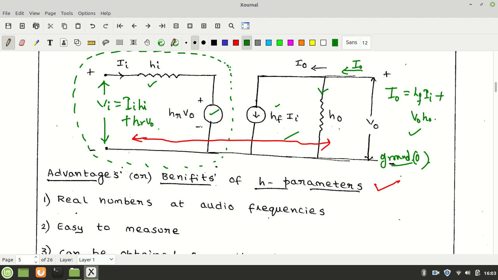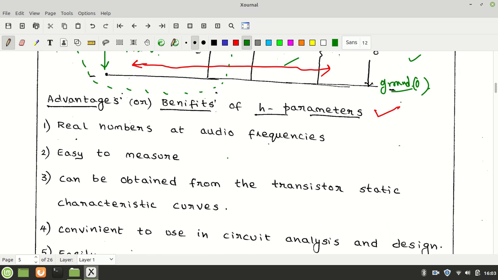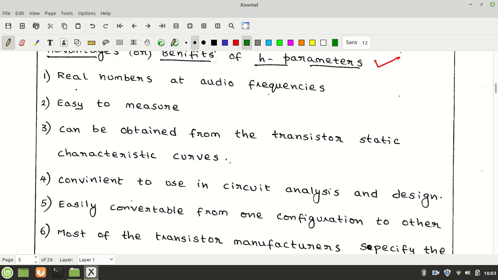Hi has the dimension of impedance, H0 has the dimension of admittance, that is inverse of impedance, Hr dimensionless, Hf dimensionless. So for the H parameters, you can read about the benefits or advantages, because it simplifies the circuit, the main feature of this.